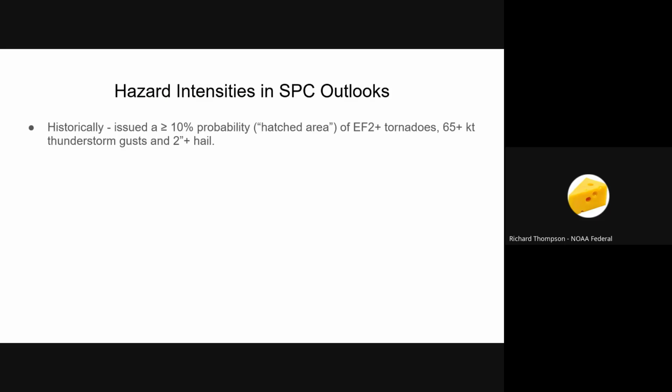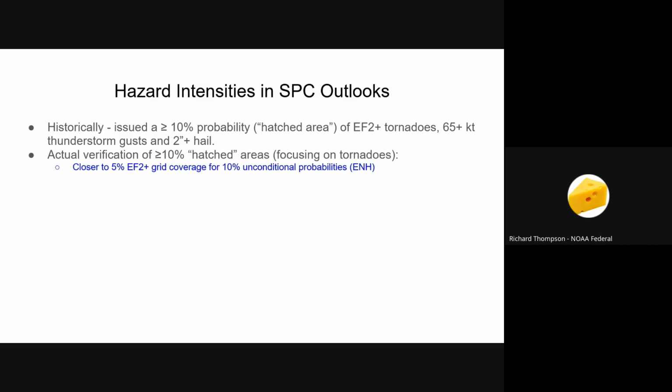So historically, when we issue this 10% or greater hatched area for tornadoes, EF2 plus tornadoes, hurricane force gusts, and 2-inch or greater hail, it actually verifies somewhat as a function of storm environment and the probabilities themselves. So I'm just going to focus on tornadoes here.